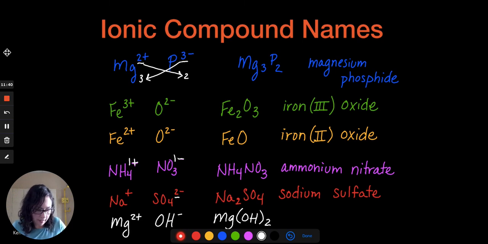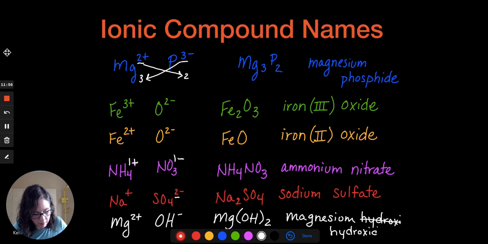Okay, and then of course we call it magnesium hydroxide. I ran out of room there, so let me put it down below. Hydroxide. I hope those examples are helpful for you, and we'll continue to work on these in class.